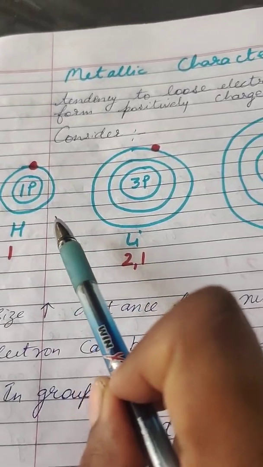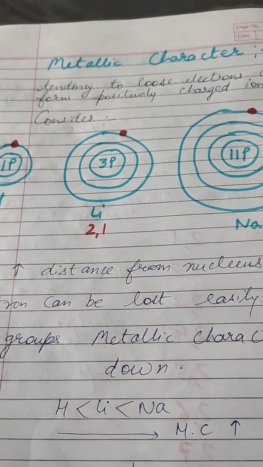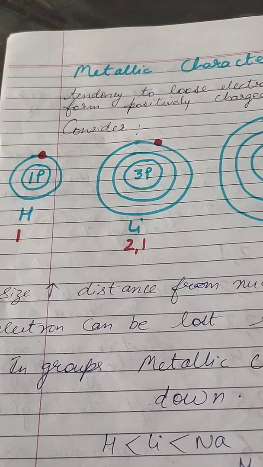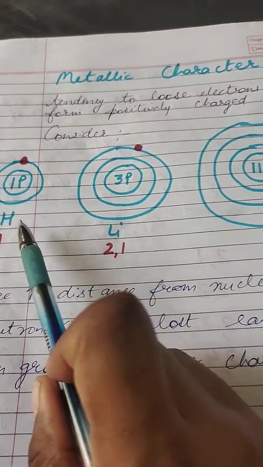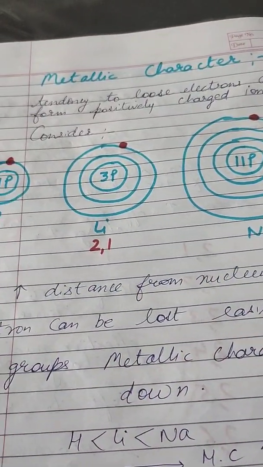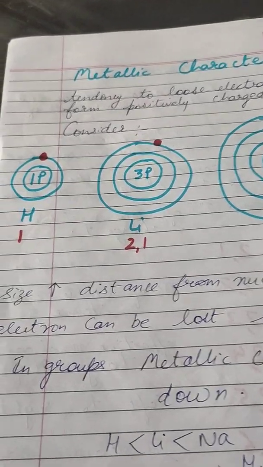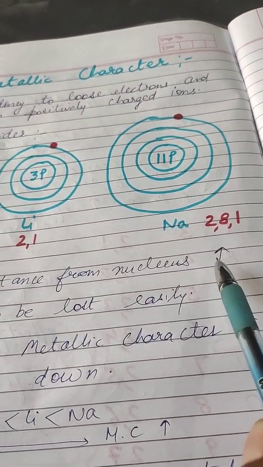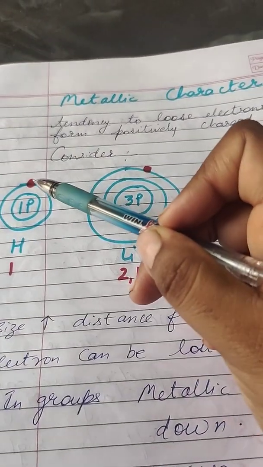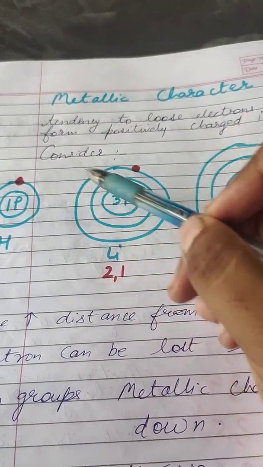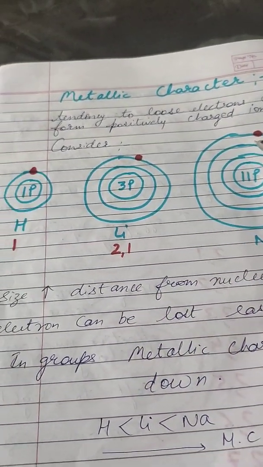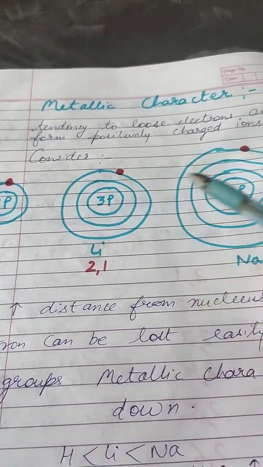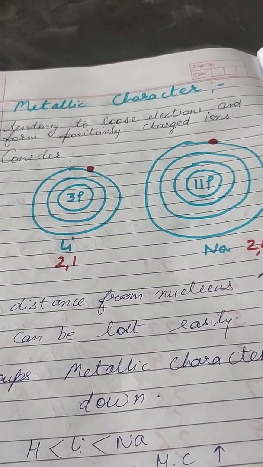Now see, size keeps on increasing. Just now you have read that atomic size keeps on increasing in groups, and you are already able to see here also there is much variation in the size. So now what happens when size increases? Size increases, distance from the nucleus increases, correct? Size बढ़ेगा, the outermost electron का जो distance है from the nucleus, it's going to increase. So when this electron will feel far away from the nucleus, correct?